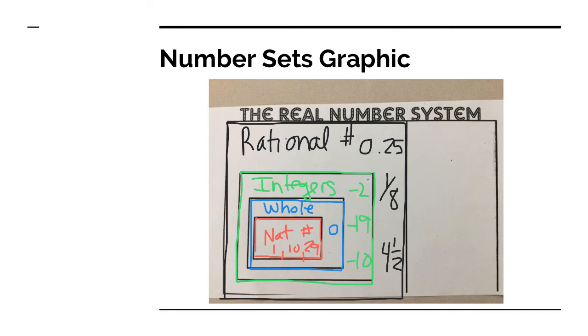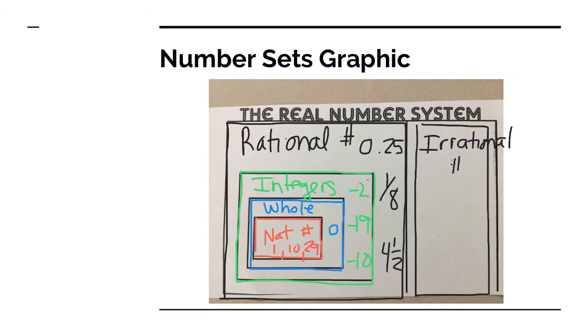Then separate from that would be this set. Does not include any rational numbers. This is where you would find your irrational numbers. They don't belong to any other set. They're things like pi, or this fabulous number, 0.27, 0.277, 0.2777, and so forth.